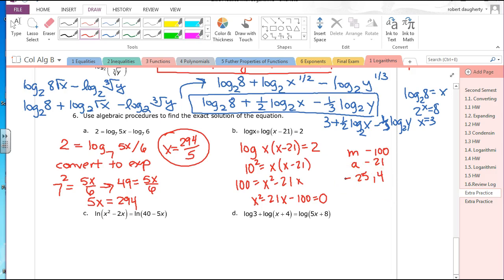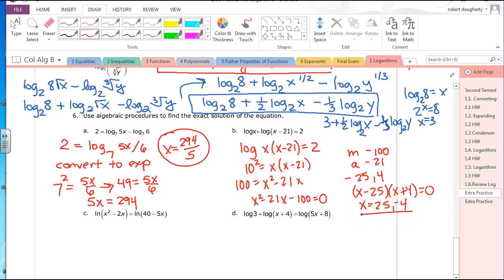When I multiply those numbers, I get negative 100. When I add them, I get negative 21. So this means that x minus 25, x plus 4 equals 0. So x is equal to 25 or negative 4.